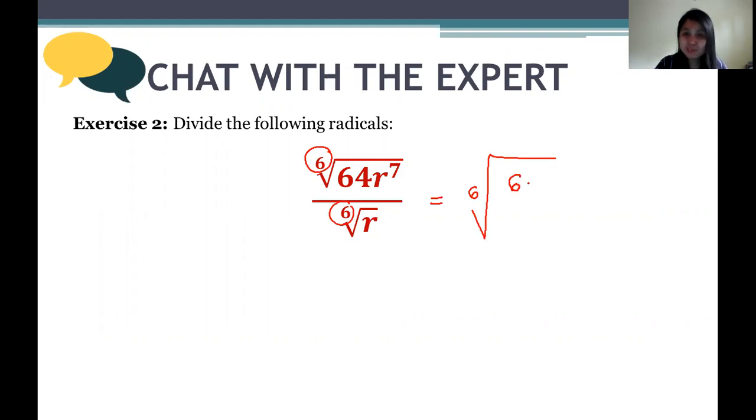So we have 64 r to the 7th over r. The next one, let's simplify the one inside. Remember the rule for this? Same base for division, we subtract the exponents. So 7 minus 1, that's r to the power of 6.